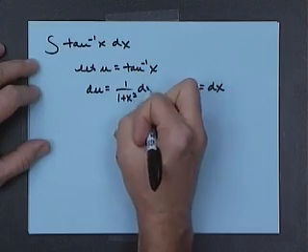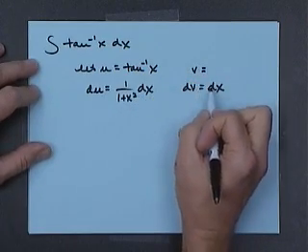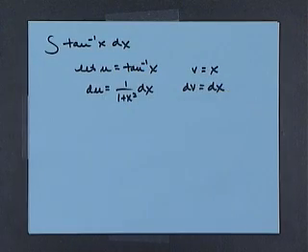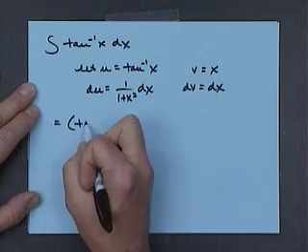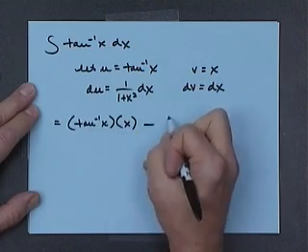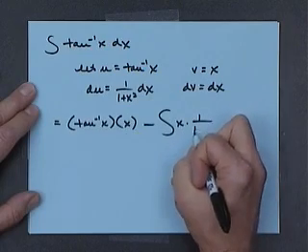Yep. And if the derivative of v is dx, then v must be x. So is it going to work? uv is inverse tangent x times v, which is x, minus the integral of v times du.